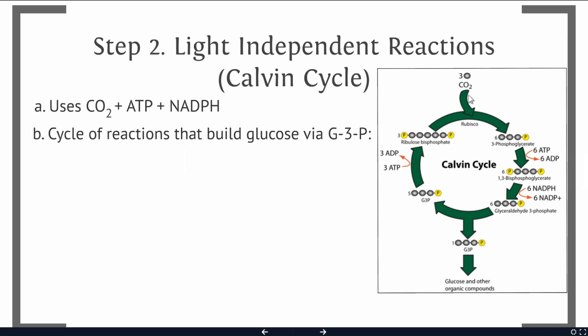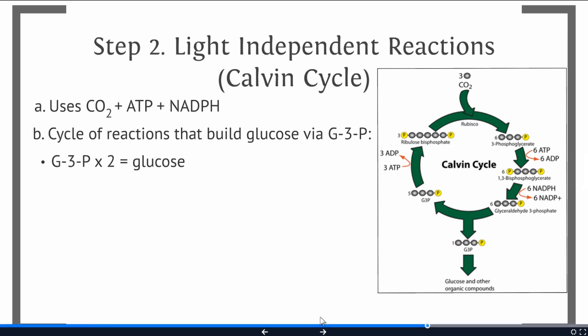So we have CO2 going in, ATP going in, NADPH going in, and then we get G3P out. If you take 2 G3Ps and put them together, you have glucose. So when we say the Calvin cycle and photosynthesis makes glucose, what we're saying is it makes G3P, you put those two together and you're going to get glucose.